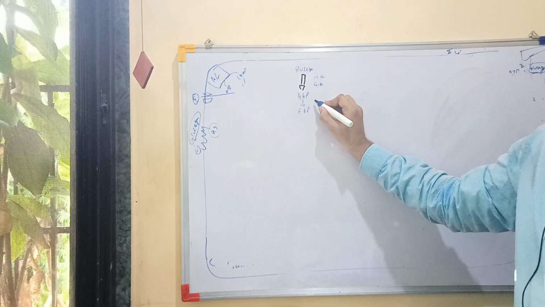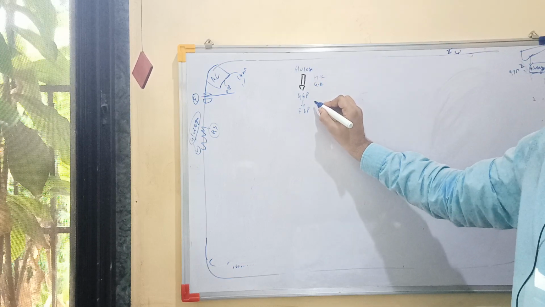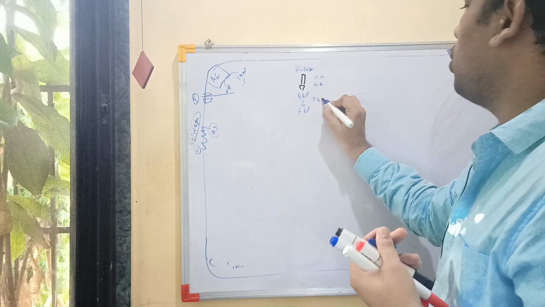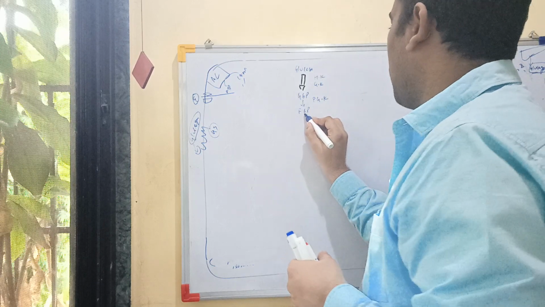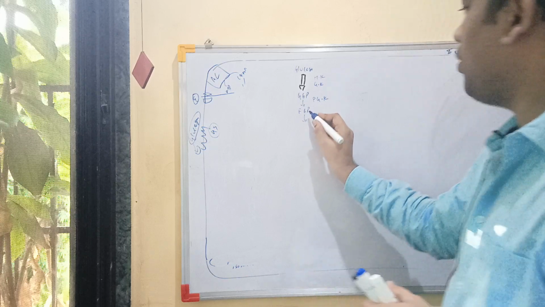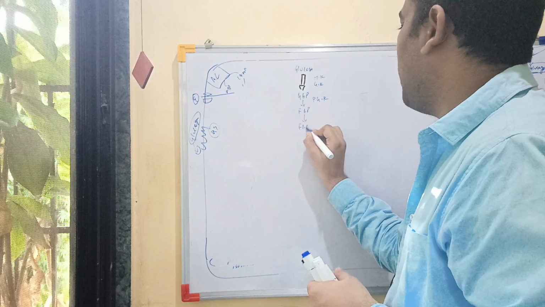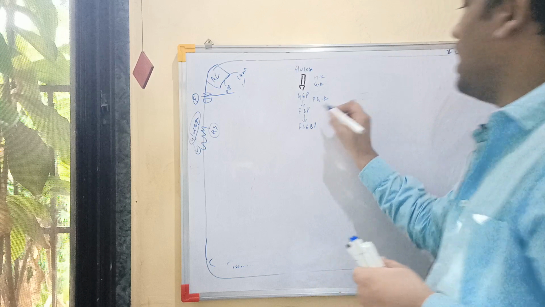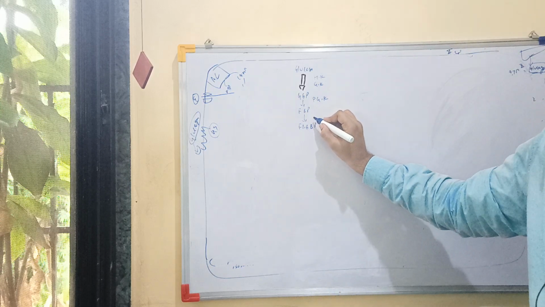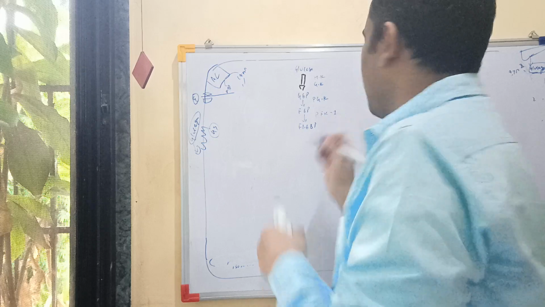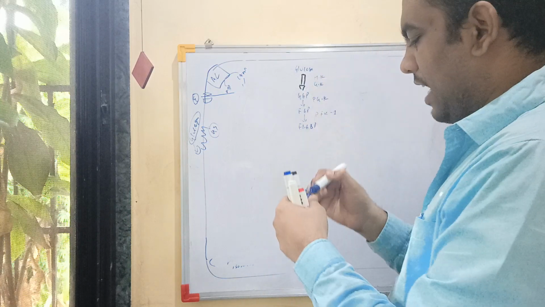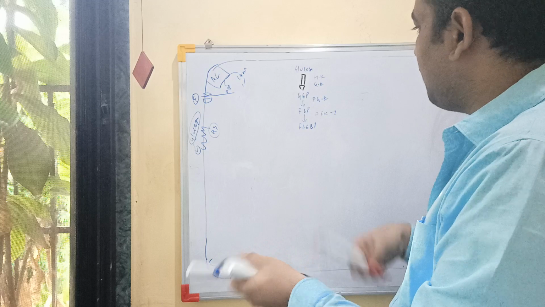Here, what was the enzyme? Here the enzyme was phosphoglucokinase. This fructose 6-phosphate was converted into fructose 1,6-bisphosphate, and the enzyme here is phosphofructokinase type 1, PFK type 1.